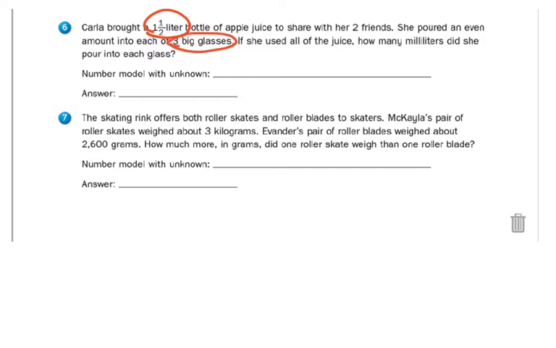So let's take the 1.5 liters times, and how many milliliters are in a liter? Well, there is 1,000 milliliters in every liter. So I'm going to multiply this by 1,000. Go ahead and write that down.